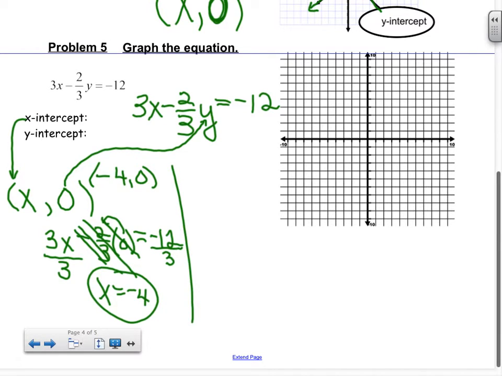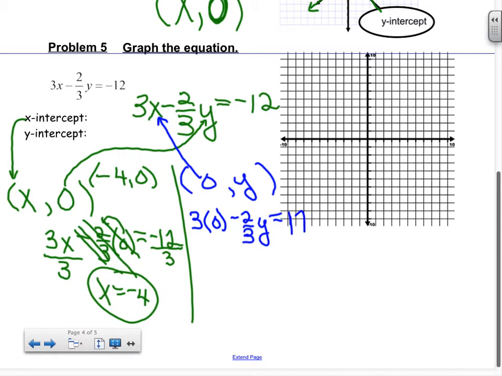Now let's do the y-intercept. You're looking for y, so let x be 0. That's 3 times 0 minus 2/3 y equals -12. The 3 times 0 is gone.